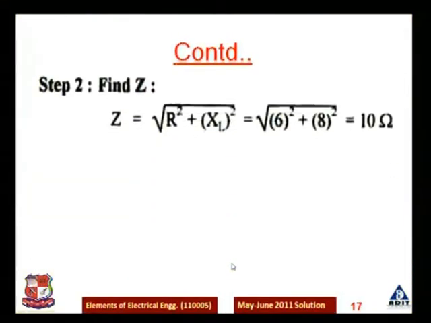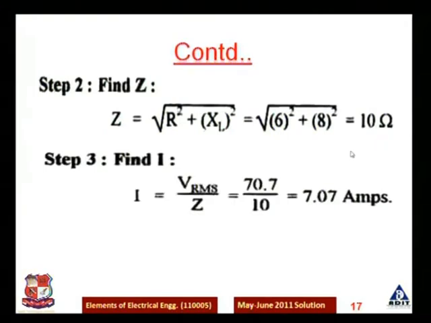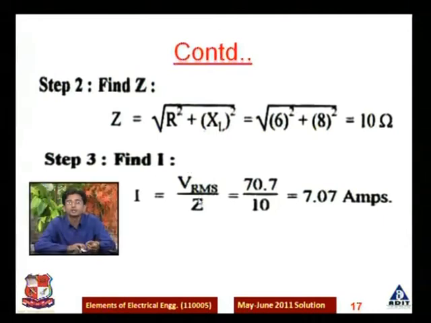Now step 2 is to find Z. So how to find Z? Z = square root of R square plus XL square. So it is 10, and the unit of impedance is ohm. Now to find the current, you have the equation I = V by Z. What is V? V is nothing but the RMS value of the voltage.